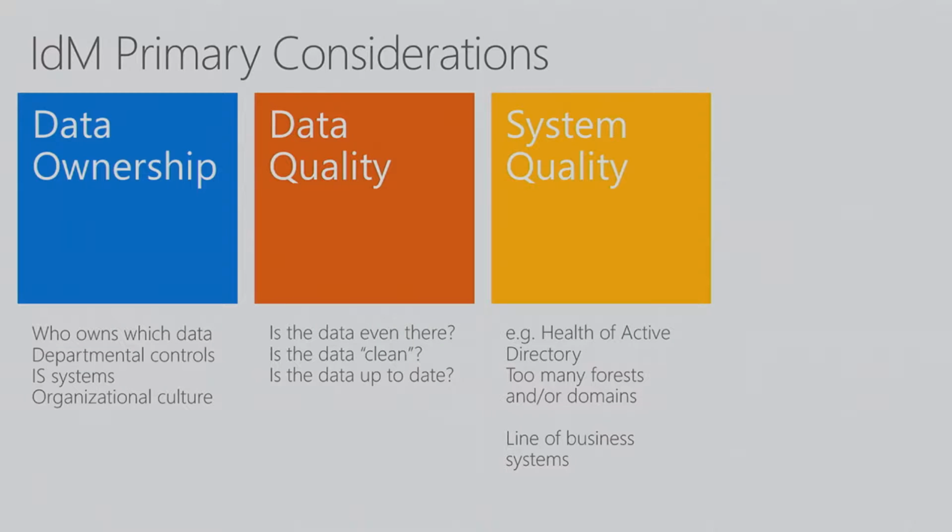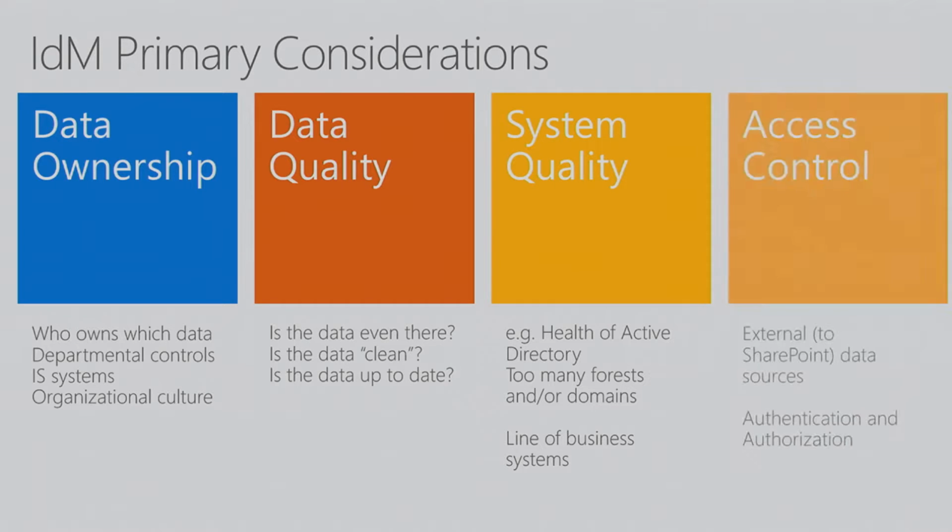But then there's also the line of business system, which is usually much older than an NT4 domain and is still running on some physical server somewhere, doesn't have high availability, goes offline for massive periods when it's having updates, those kind of things.